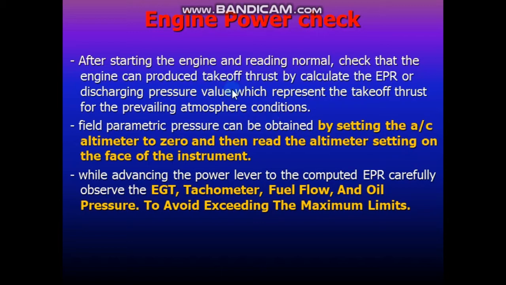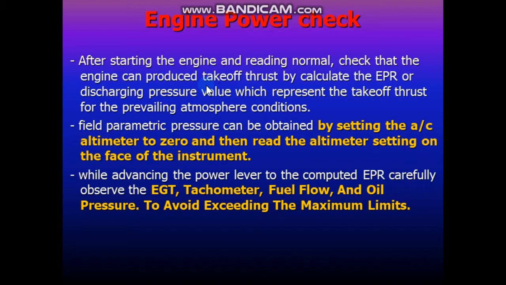That means after you start the engine, you have to check the instrumentation to check that the values are normal, and to make sure it will give us the thrust that we need, you have to use the throttle and advance it.